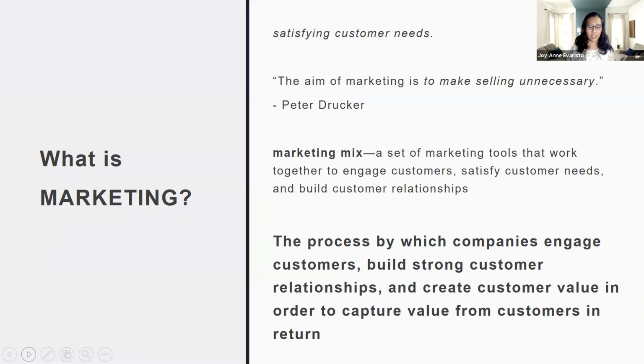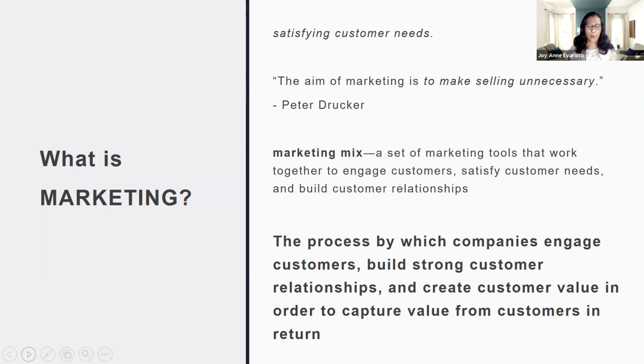We need to actually deliver value and satisfy customers. Going back to our example, Nike's Just Do It campaign made them grow their customers from athletes to other customers who just want to be fit.